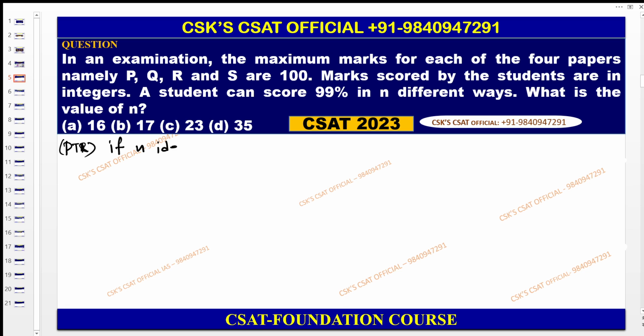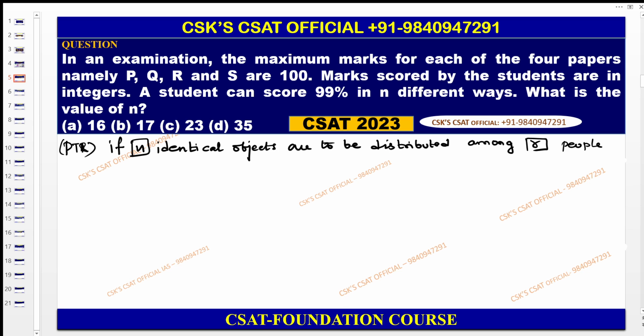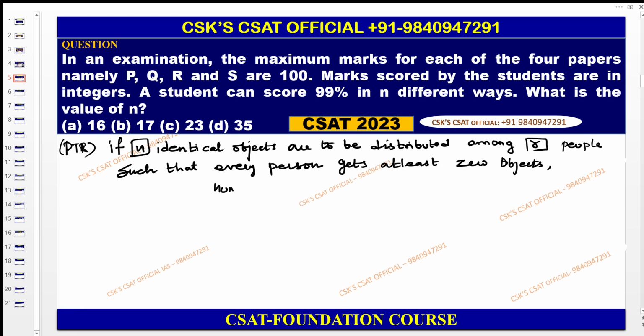If n identical objects are to be distributed among r people such that every person gets at least 0 objects, then what is the number of ways?